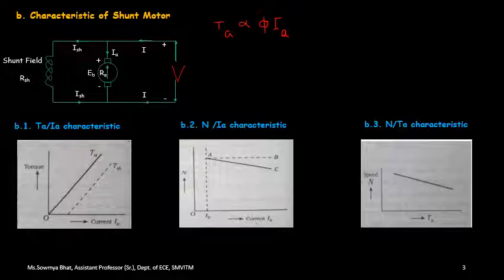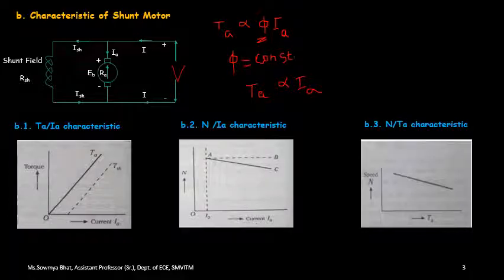From that we have this particular equation. Now I am considering a shunt motor in which the value of phi is almost a constant value. If you consider phi as a constant, I can manipulate the expression for the armature torque as directly proportional to the armature current Ia.